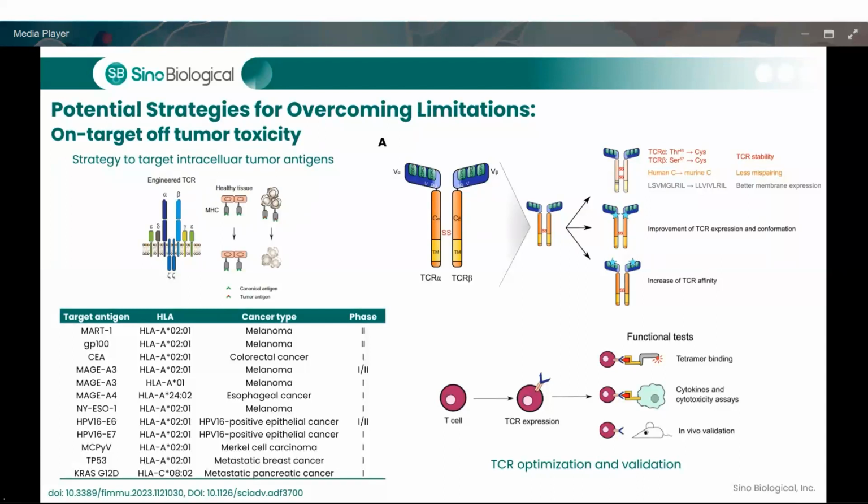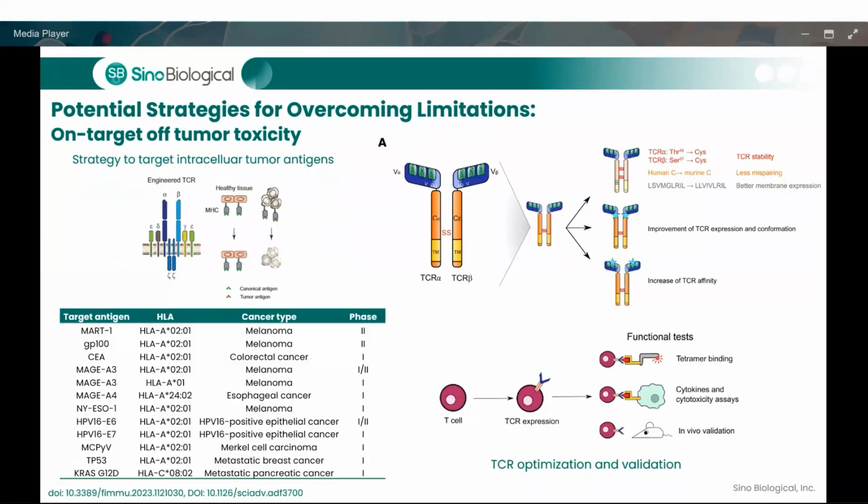T cells' cytotoxic activity depends on the TCR affinity. Different methods have been developed to optimize the TCR affinity. TCR optimization can be performed by modifying the constant region of both the TCR alpha and beta chains to prevent mispairing and even enhance TCR expression and stability.